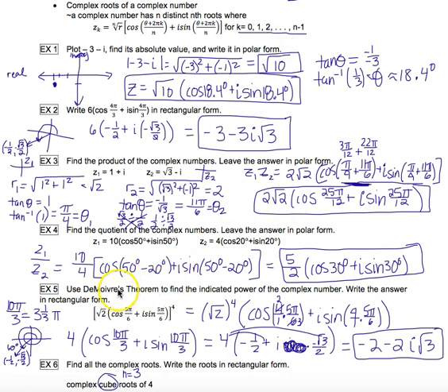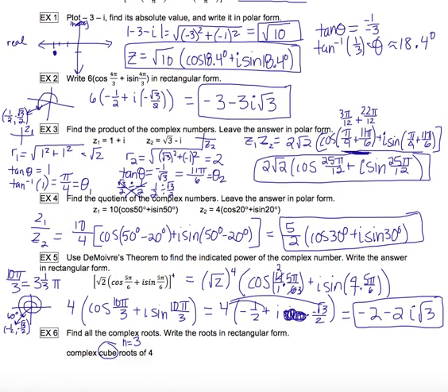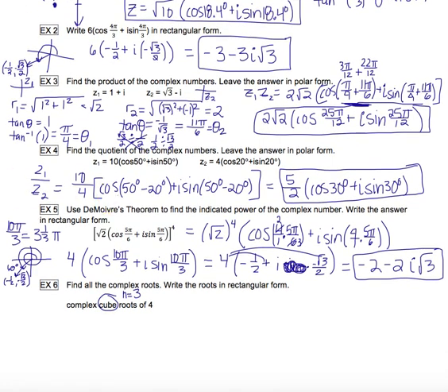Now, the problem with this is that the formula is for polar form, and they just gave me 4, which is obviously in rectangular form. So I'm going to need to do some converting first. So we'll do that, and then we'll scroll back up to look at the formula again.